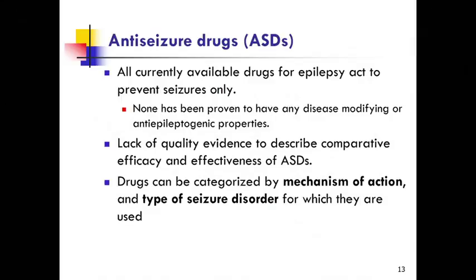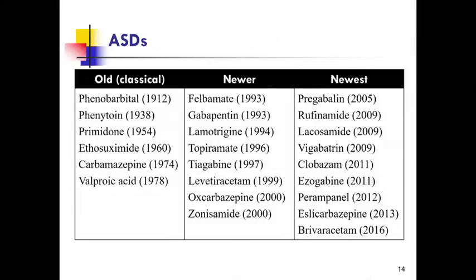So these are the anti-seizure drugs that are available. Before these drugs appeared on the scene, the most popular agent for seizures was potassium bromide. Potassium bromide was a champion drug at that time. And the reason it was used was that at that time they believed that epilepsy was due to excessive masturbation.